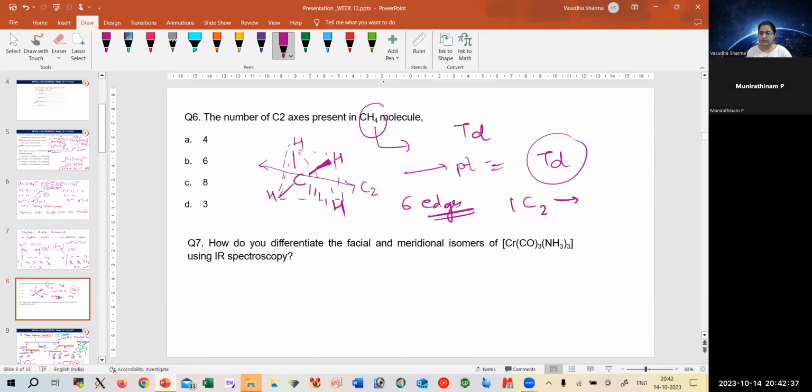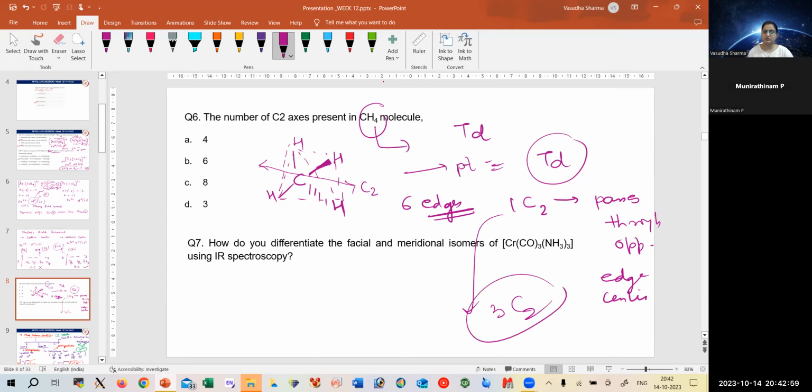One C2 passes through opposite edge centers. That means one edge comprising 2 hydrogens, one edge comprising the other 2 hydrogens, and C2 passes through that. So since we are having 6 edges, there would be 6 edge centers, so there would be 3 C2. So this way you need to remember that there are 3 C2 axes.